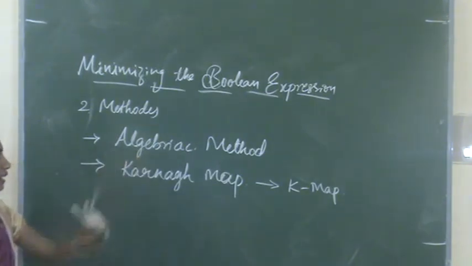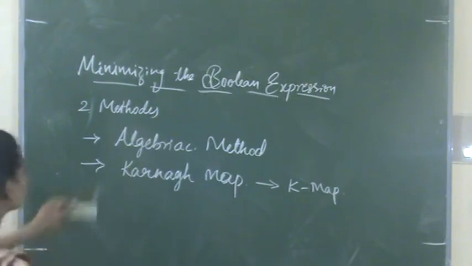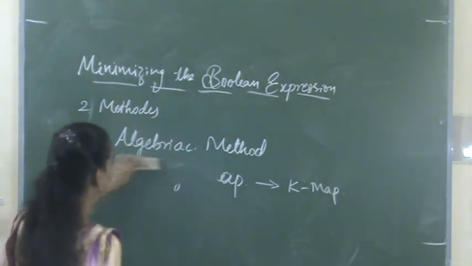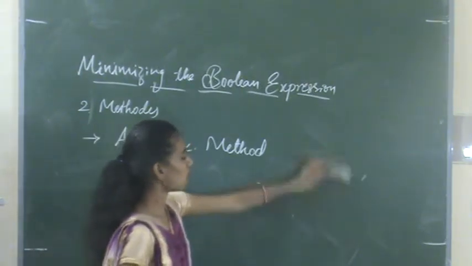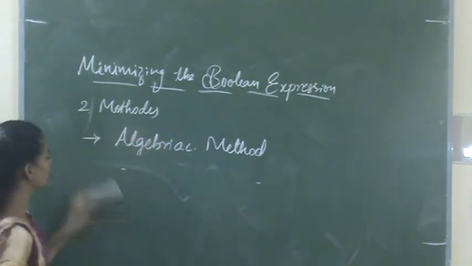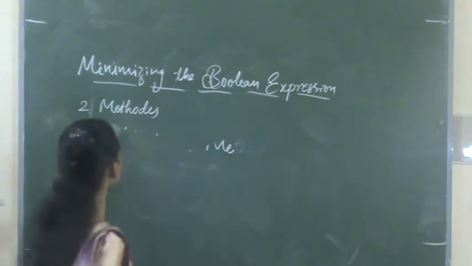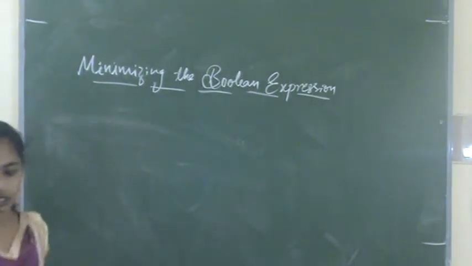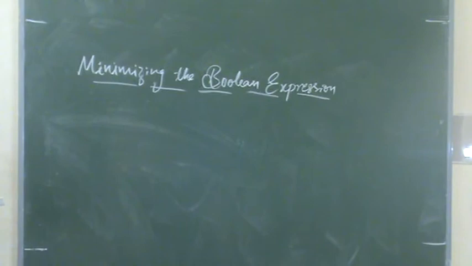So now we will study how to minimize the Boolean expression with the help of the algebraic method. We know that algebraic method means we are using some of the laws that we studied, right? So now I am taking one algebraic expression.